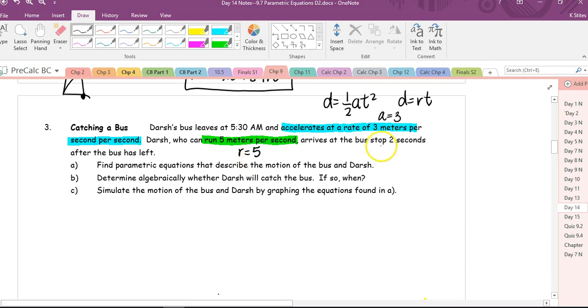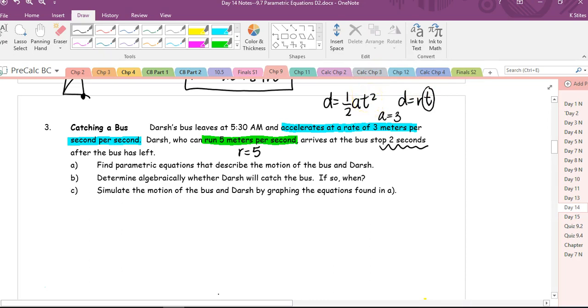All right, let's talk about this arrives 2 seconds after the bus has left, because this can be confusing for people. What that means is we're not going to be able to use just t to represent Darsh's time, because Darsh has not been traveling for the same amount of time that the bus has.